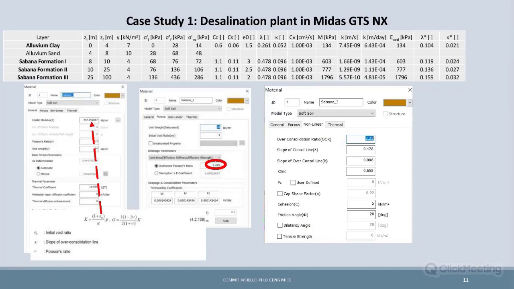How did we come up with these values? First of all, this is something very important. Comparing Midas to other software, the Midas manual is very clear about which parameters we should include and how to calculate them.